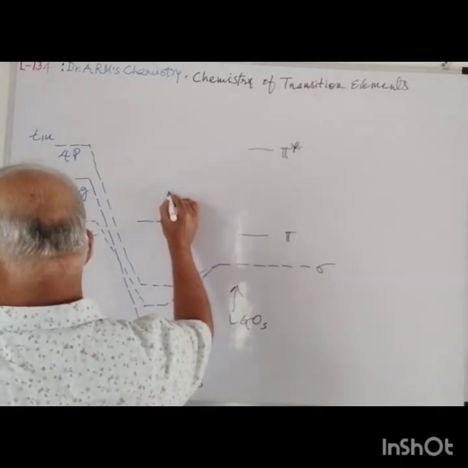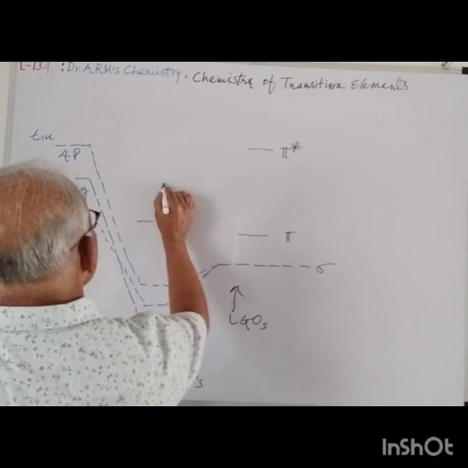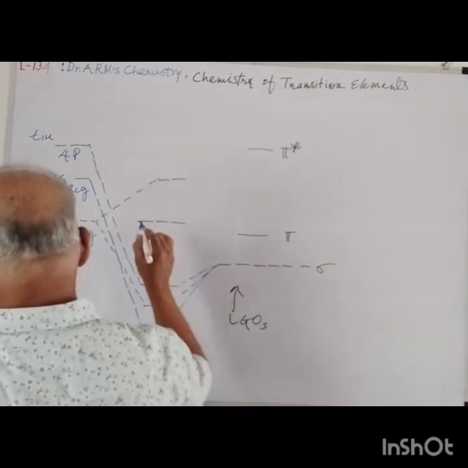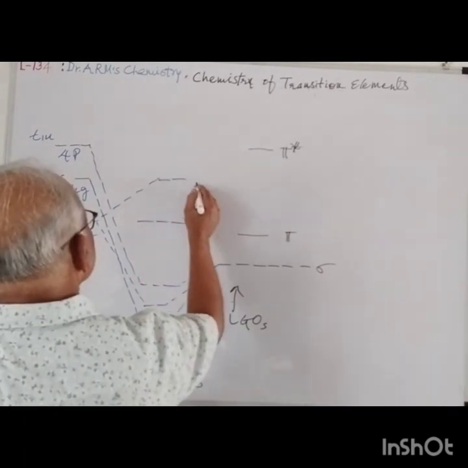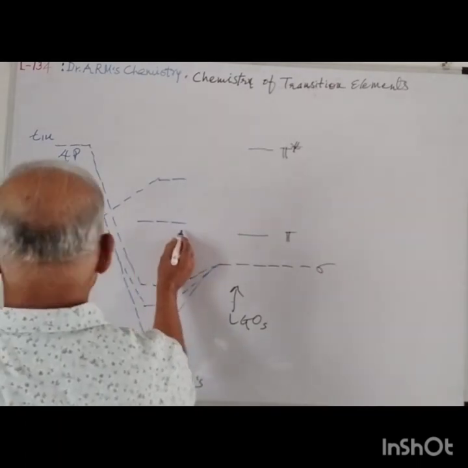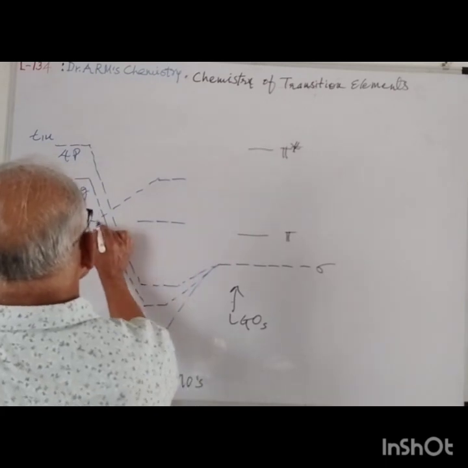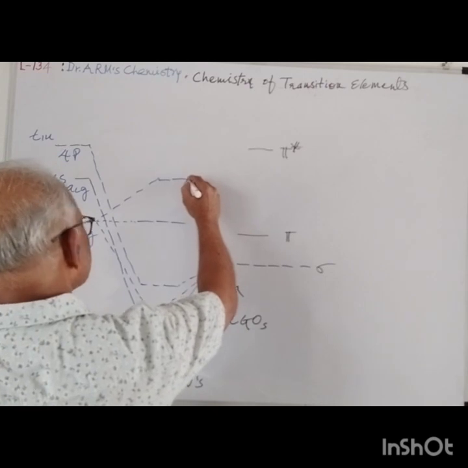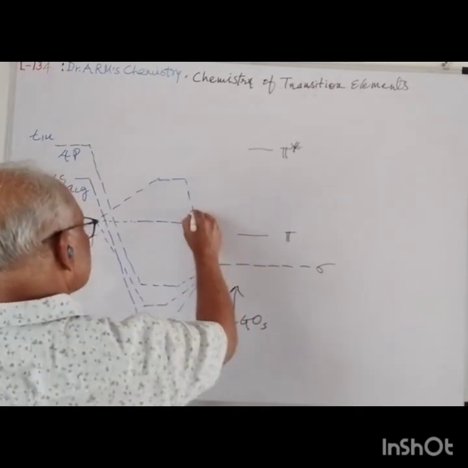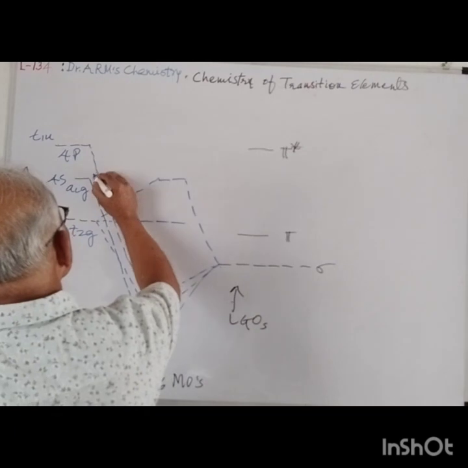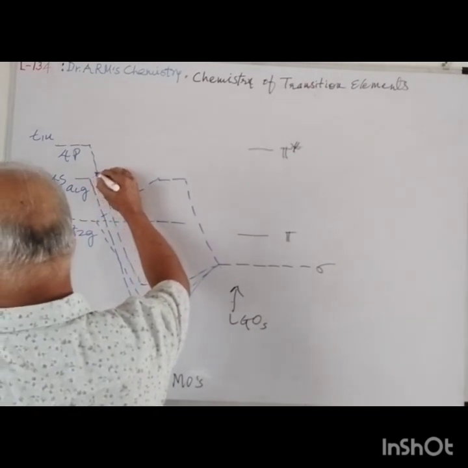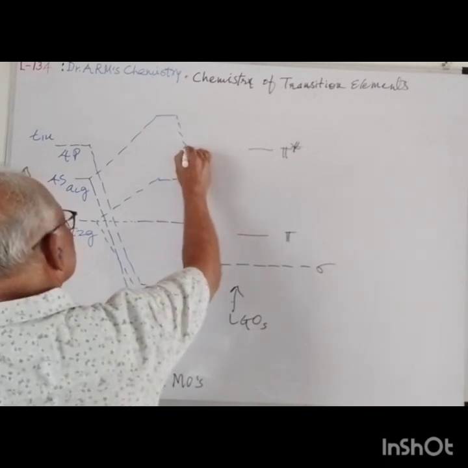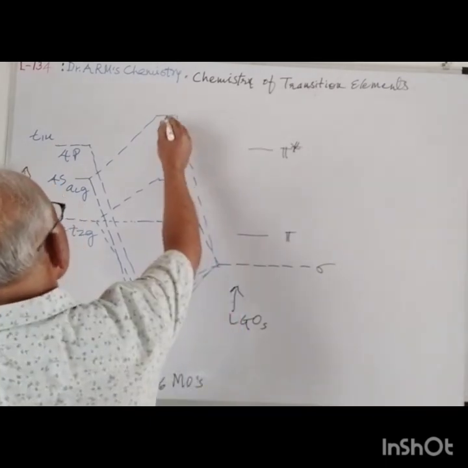Then there are Eg symmetry orbitals, Eg star, two orbitals, so they will have matching symmetry orbitals from this Eg symmetry, then A1g symmetry orbitals.